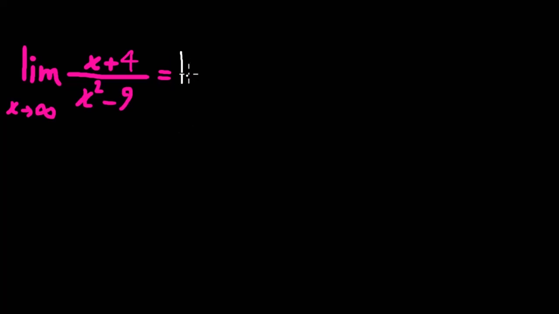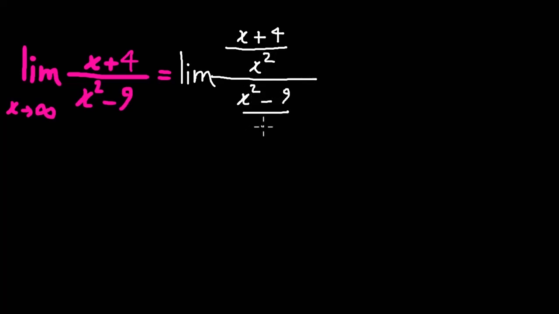So we have the limit of (x + 4) over x², over (x² - 9) over x², as x approaches infinity. We need to simplify the numerator and denominator.